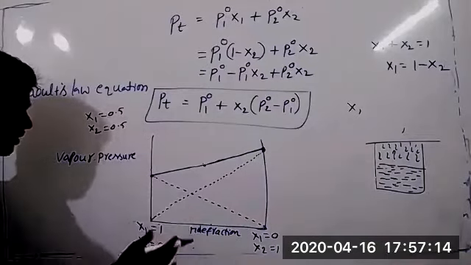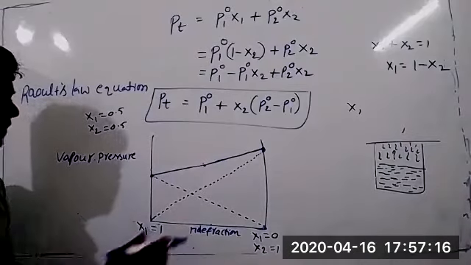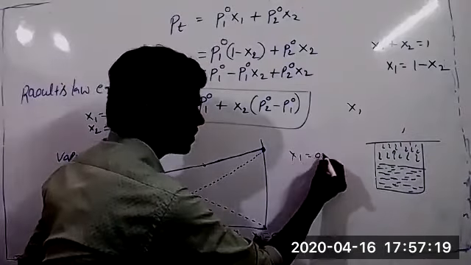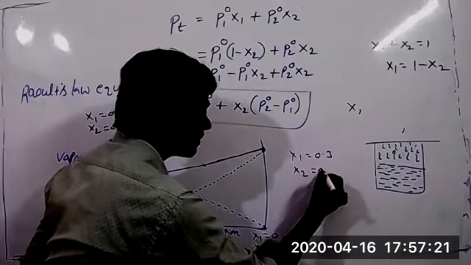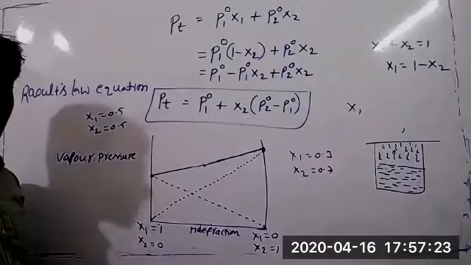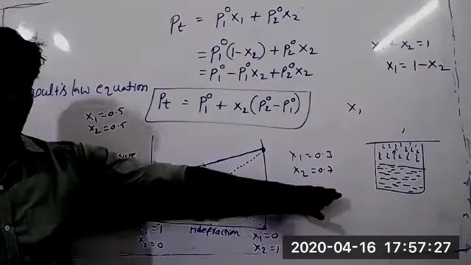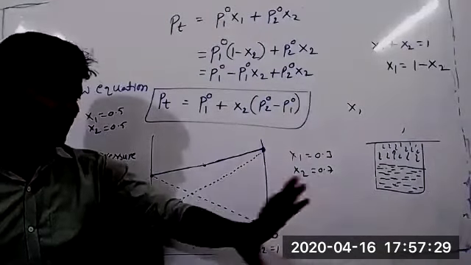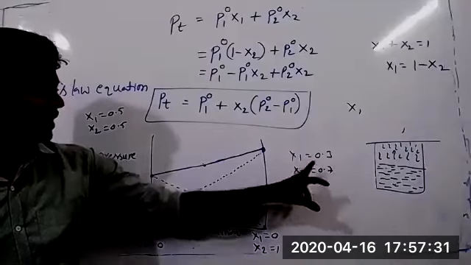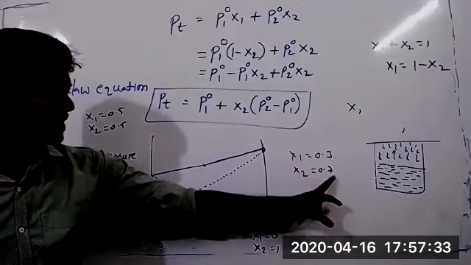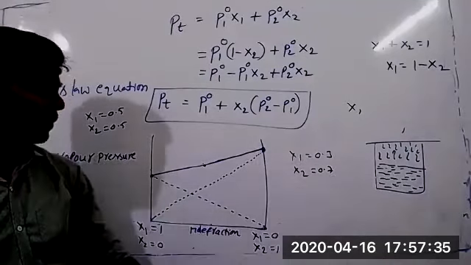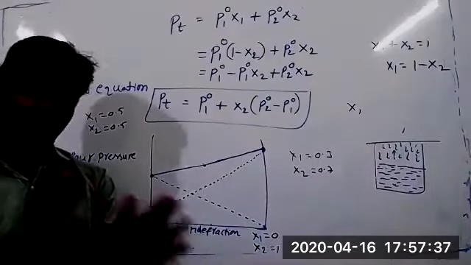Now the vapor pressure of the solution. Suppose you take component 1 as 0.3 and component 2 as 0.7. Now it is a mixture, correct? Yes, sir. I am making a solution having 0.3 mole fraction of component 1 and 0.7 mole fraction of component 2. Now the solution also has some vapor pressure.